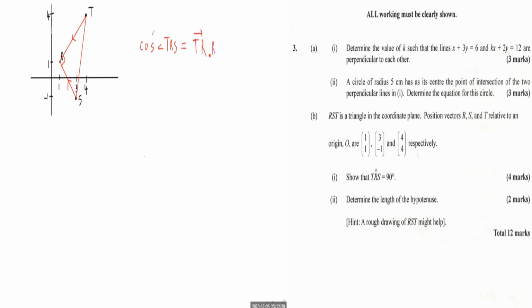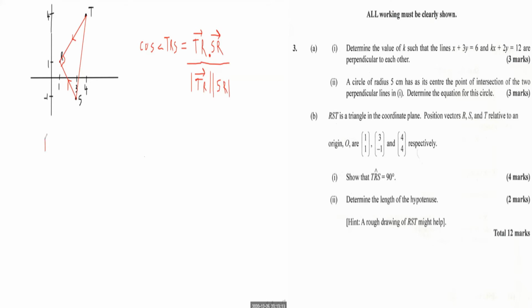Well, not RS, it's actually SR, so it's TR dot SR divided by the norm of TR times the norm of SR. So let's work these out now, before we get back to this formula.